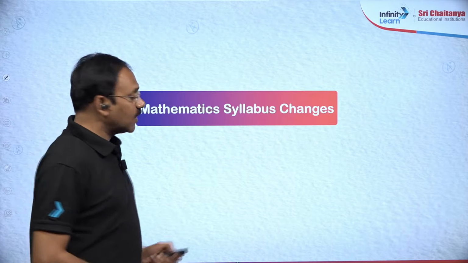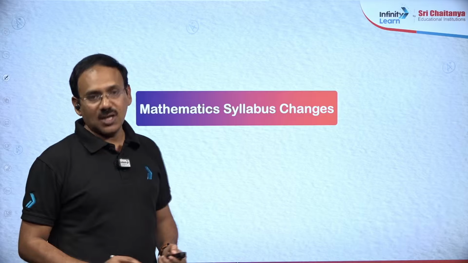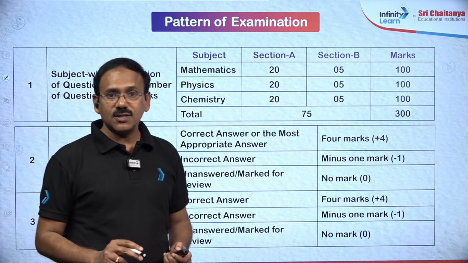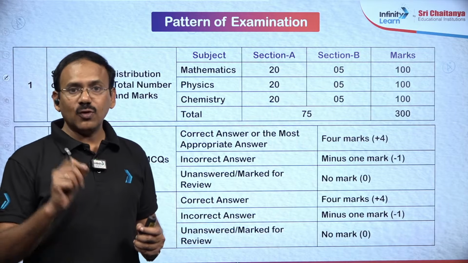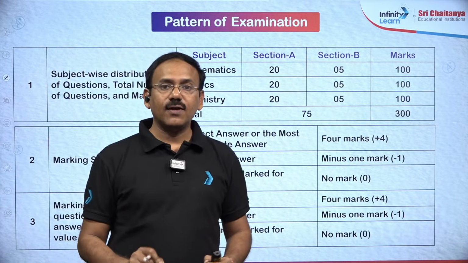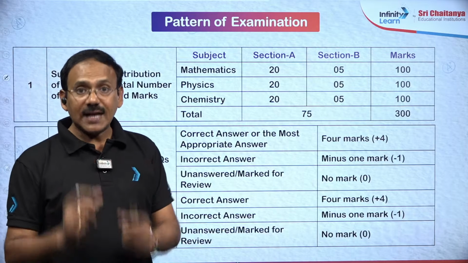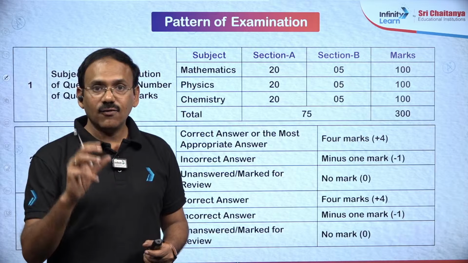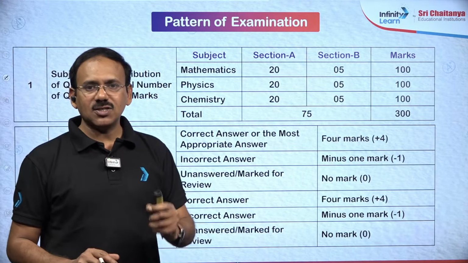Now the important point is the mathematics syllabus changes. But before that, one important point I would like to say here. Earlier in 2023, 22, 21, we used to have numerical answer type or integer answer type questions, 10 given in each subject, from which you needed to answer 5 questions. Now, dear students, one important major change.